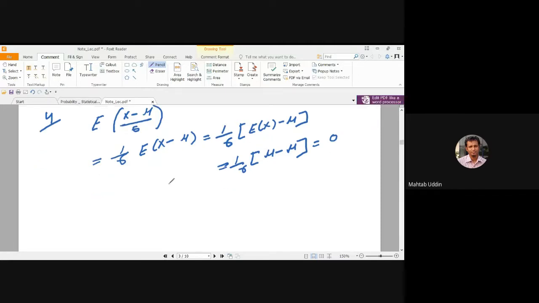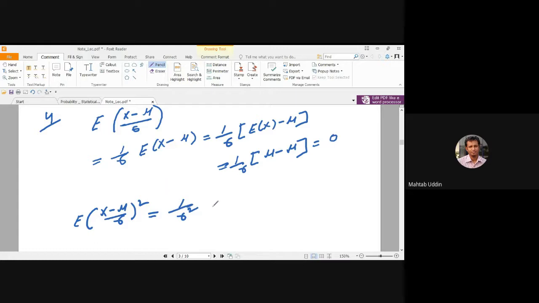Then the expectation of ((x minus mu) by sigma) whole square is equal to, you can write here, 1 by sigma square, which is a constant since the square is present here.